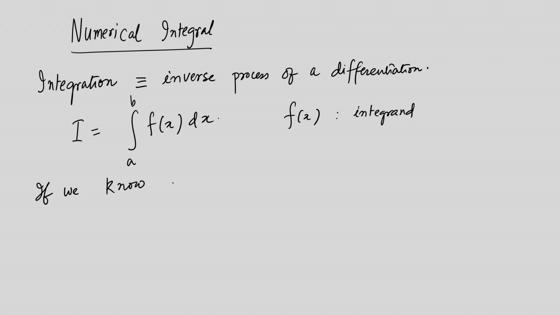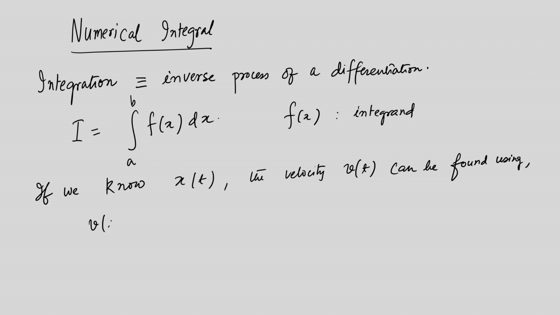So, basically if you know the position of a particle as a function of time, let us call it x of t, the velocity v of t can be found using a simple derivative, which is v of t equal to dx/dt and so on.